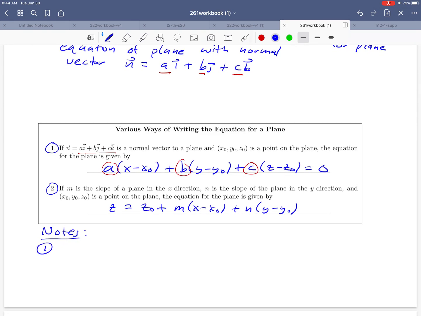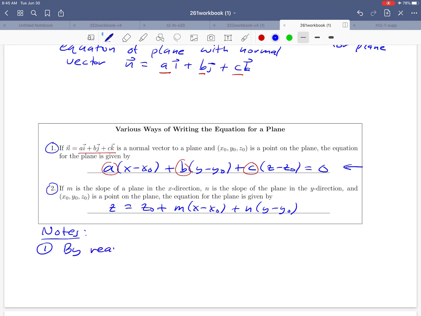First, if you look at the equation of the plane that we just derived, you can actually rewrite that in several different ways, and one common way is to rewrite it in so-called standard form, to multiply the a, b, and c through, and to put the constant term on the right-hand side.